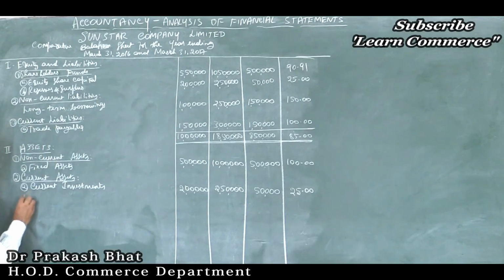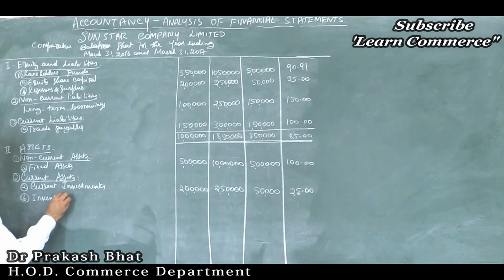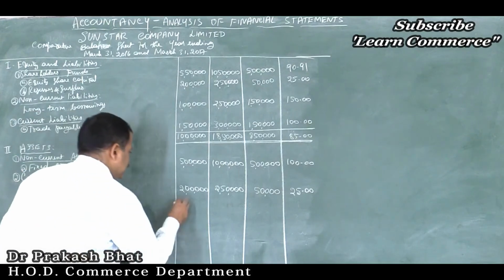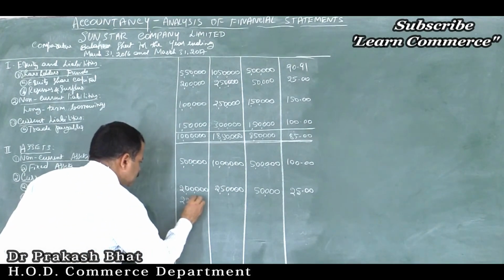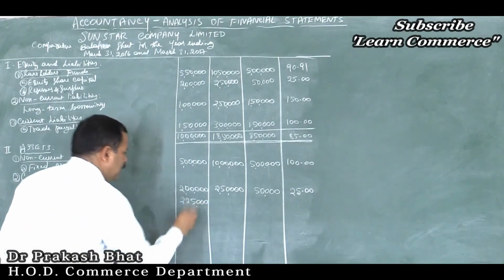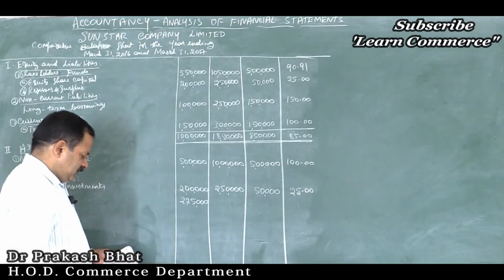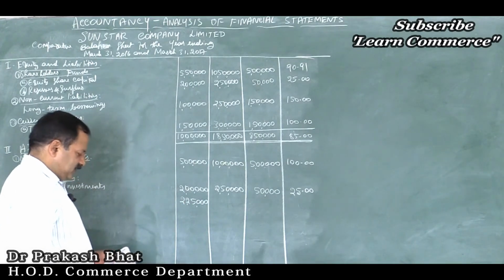Inventories, how much? 2,25,000 and 3,25,000. Is that correct?